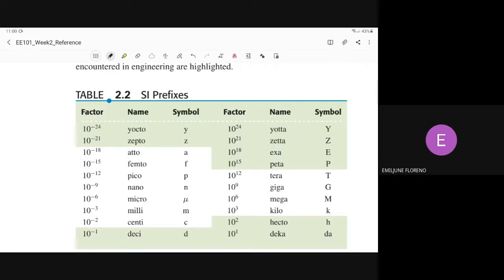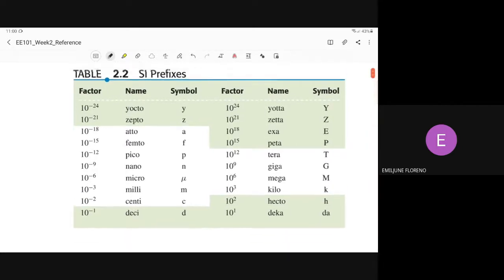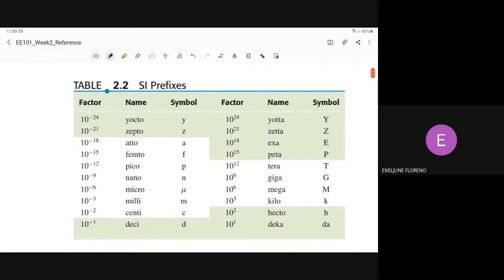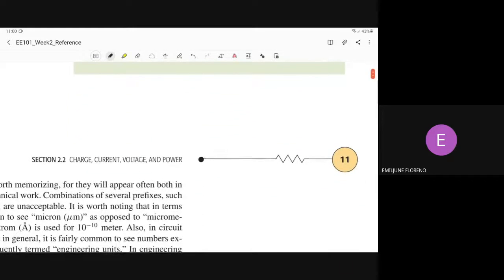It could be in kilo ohms, mega ohms, or just ohms. So there are prefixes you should familiarize yourself with. Feel free to review everything here, since this is from high school. We will just run through it. You have your prefixes, your units, and your scales to review, and then you're good to proceed to the other chapter.